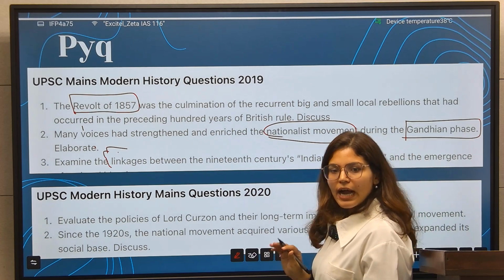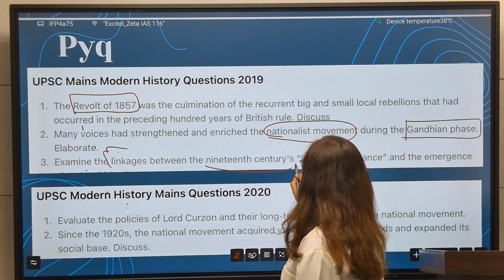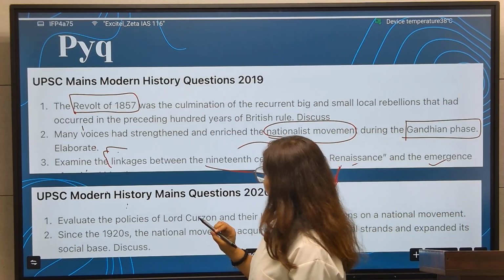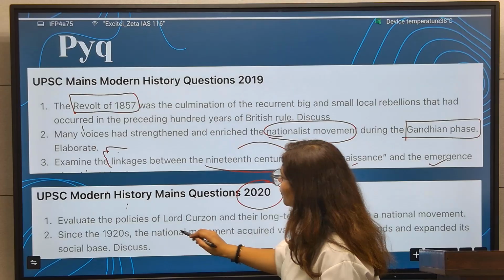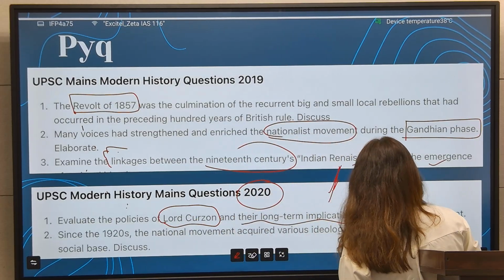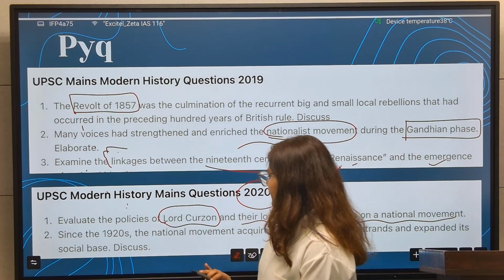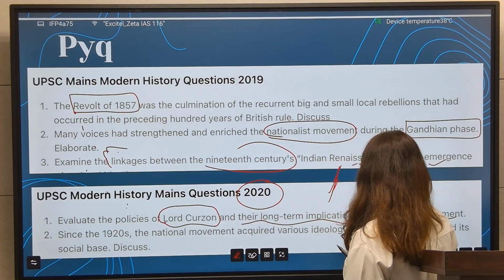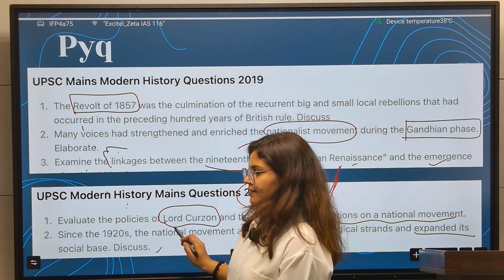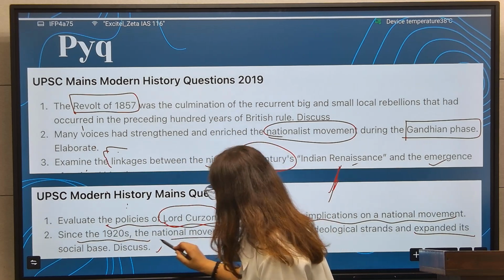Examine the linkage between the 19th century's Indian Renaissance and the emergence of nationalism. In 2020, a question was directly on Lord Curzon and his long-term implications on the national movement. Since the 1920s, the national movement acquired various ideological strands and expanded its social base, discuss. So a question on the 1920s national movement.